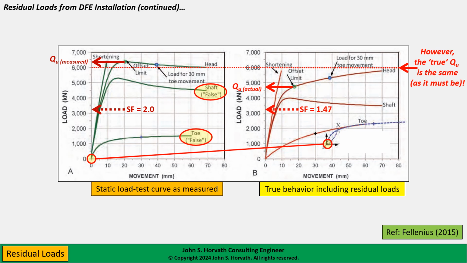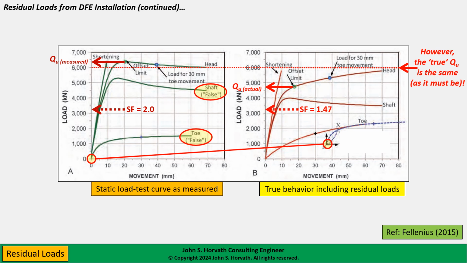And this is when positive shaft friction or resistance has been mobilized along the entire shaft. There is no more residual load, whether it came from installation or from global settlement. There is no more drag load on the shaft. Again, it's a settlement issue.